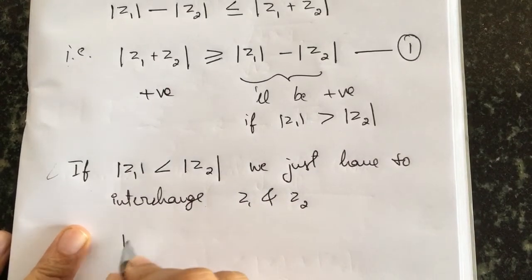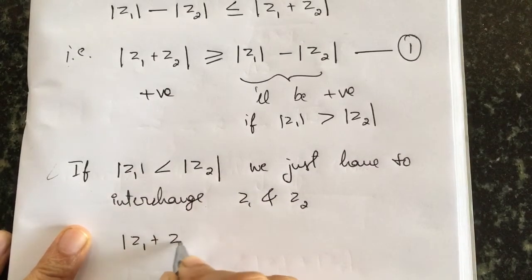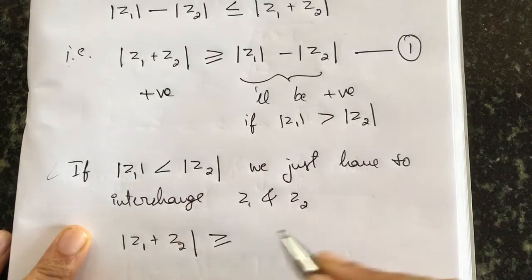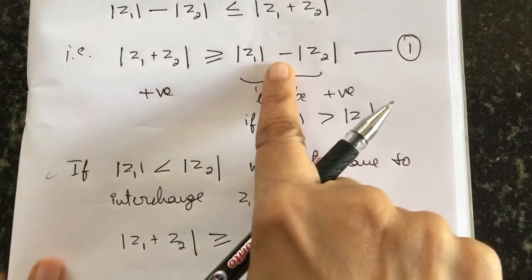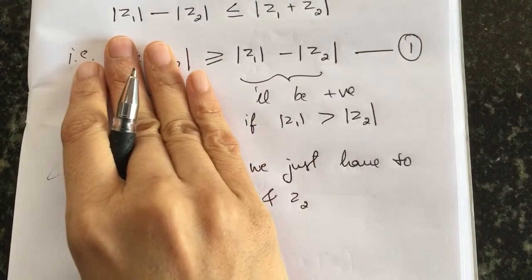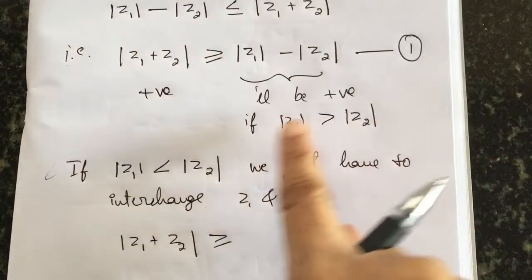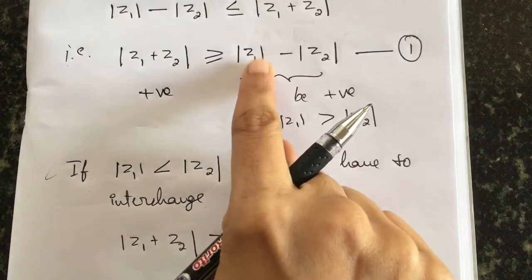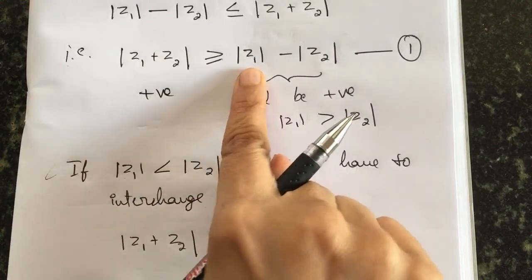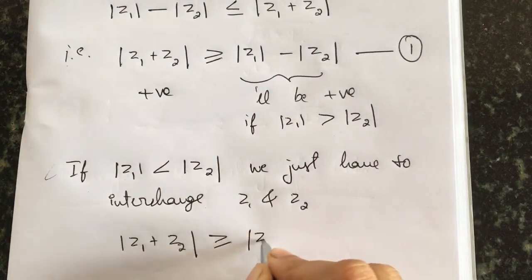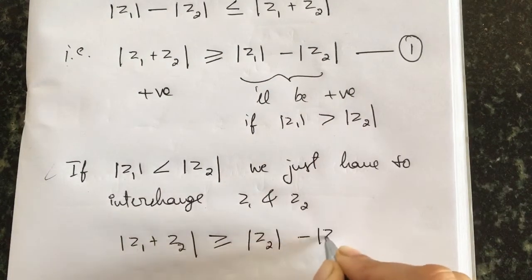So it was mod z1 plus mod z2. This was the expression greater than or equal to mod z1 minus z2. I want the result to be positive here. So if this is the case, then I'll just interchange z1 with z2 and z2 with z1. So that's same as writing mod z2 minus mod z1.